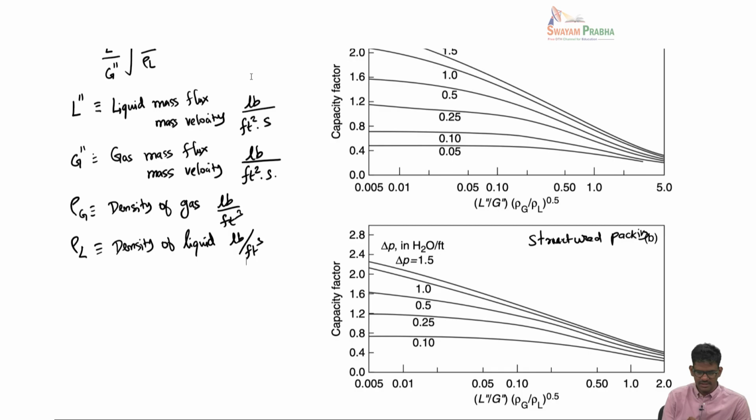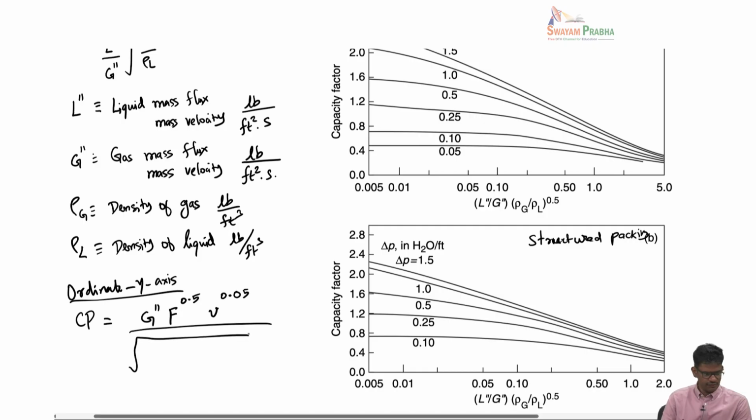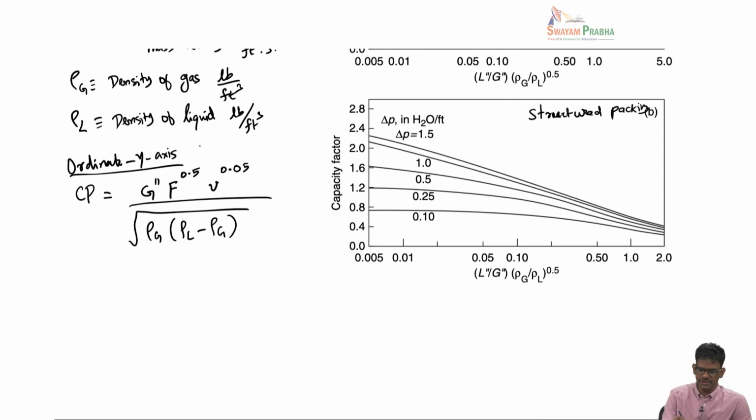Okay, now let's look at the ordinate or the y-axis. So this capacity factor, in short I will use Cp, is defined as G double prime F to the power 0.5 nu to the power 0.05 divided by square root of rho G into rho L minus rho G. Okay, this definition is for random packing.